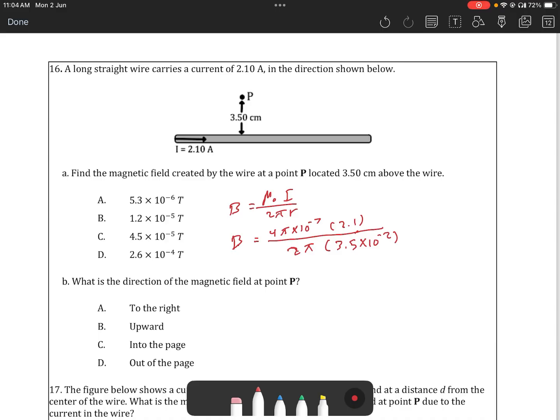The answer, using the calculator, of course, will be 1.2 times 10 power negative 5 Tesla. So the answer is B.